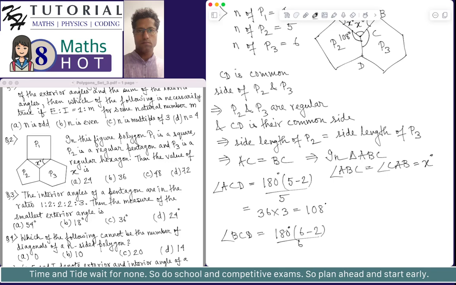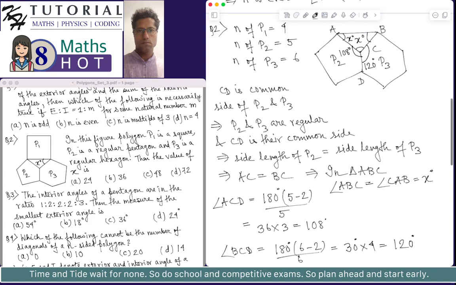So this is equal to 30 degree multiplied by 4, which is 120 degree. So angle BCD is 120 degree, or each interior angle of the regular hexagon P3 is 120 degree.